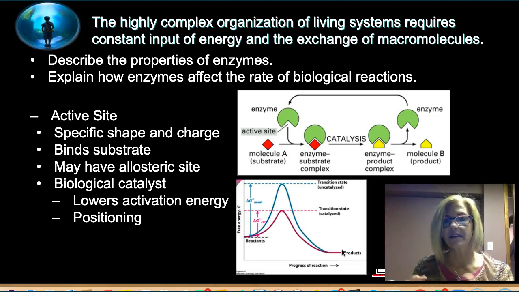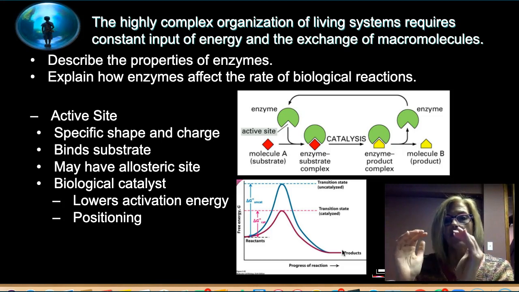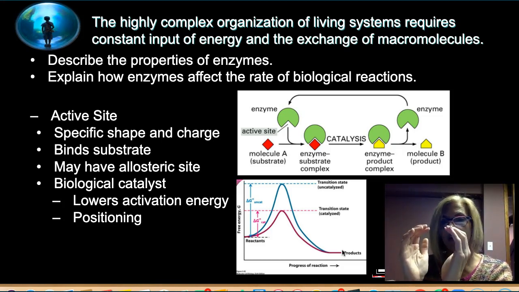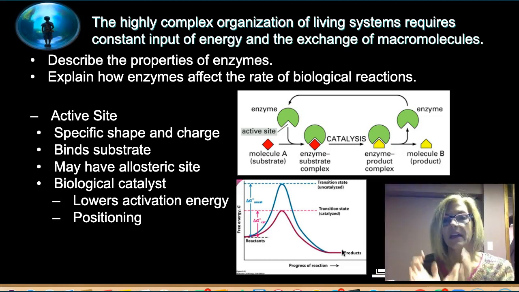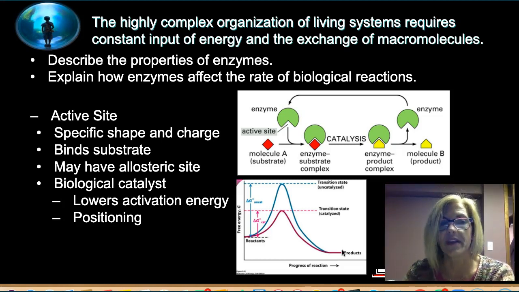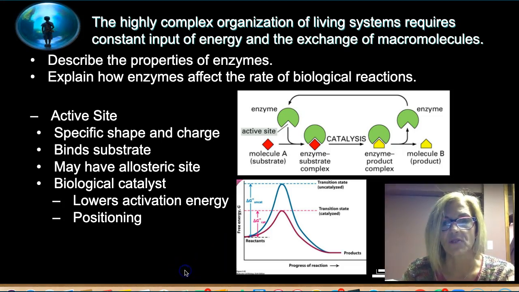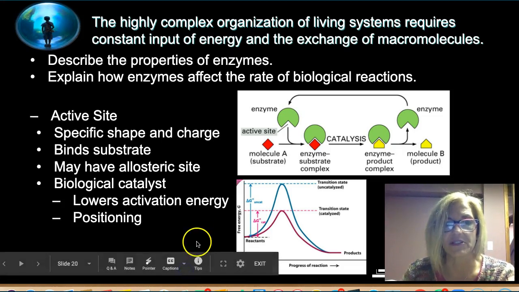Similarly, if it's a decomposition or catabolic reaction, you have one molecule that's fit with the enzyme, and then when the enzyme changes its shape, it will weaken the bonds within that substrate, and so it allows that substrate to break apart more easily. So I think the big thing is about positioning.